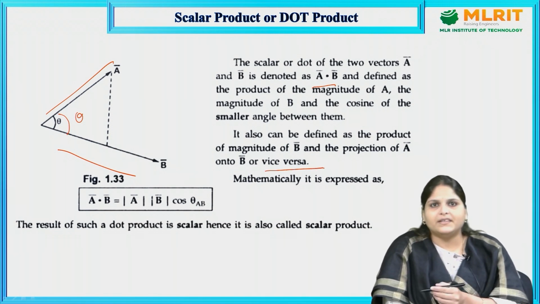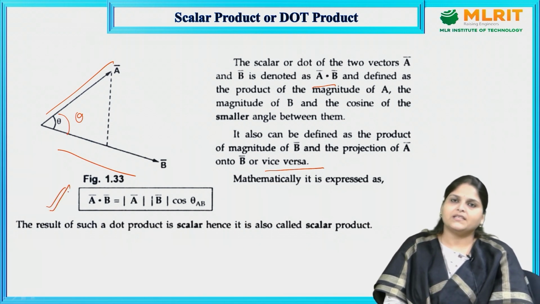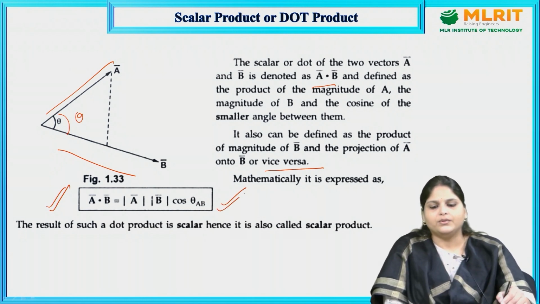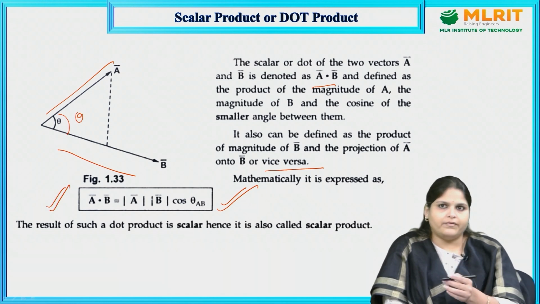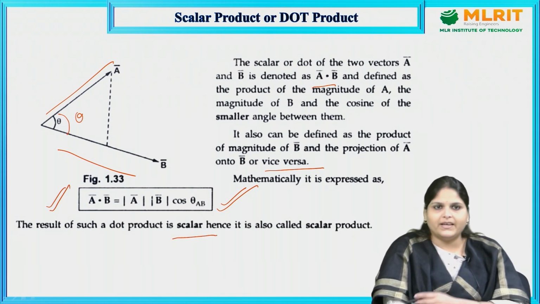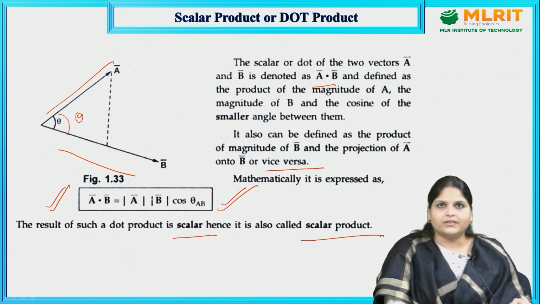And how do we write it mathematically? It is written as vector A dot vector B equals mod A, mod B, cosine of the angle between A and B. The result of such a dot product is a scalar. That is why it is called scalar product. So this is your scalar product or dot product.